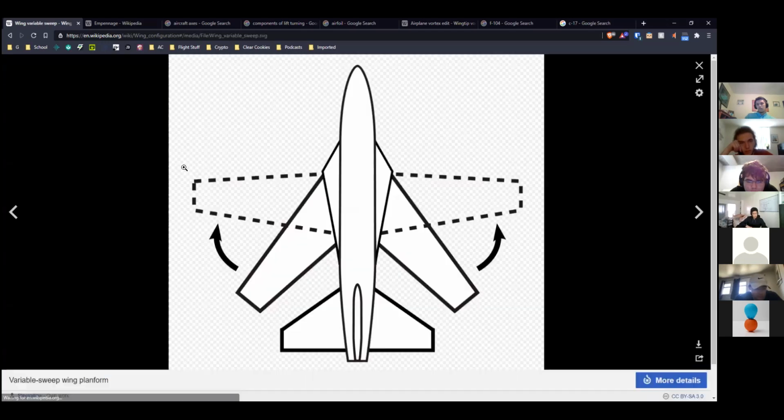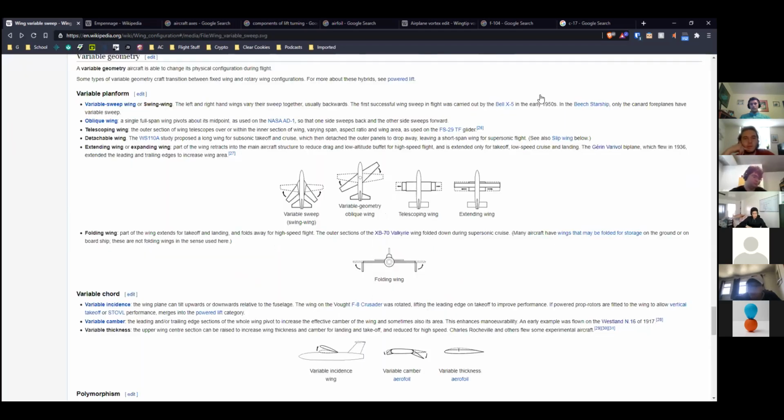So the reason the F-111 and the F-14 have a variable sweep wing is they want to be able to go really, really fast. Sweeping the wing reduces their supersonic drag by a lot, but they also want to be able to land at a somewhat reasonable speed, and going closer to a straight wing increases your low speed lift. And so they could justify that.